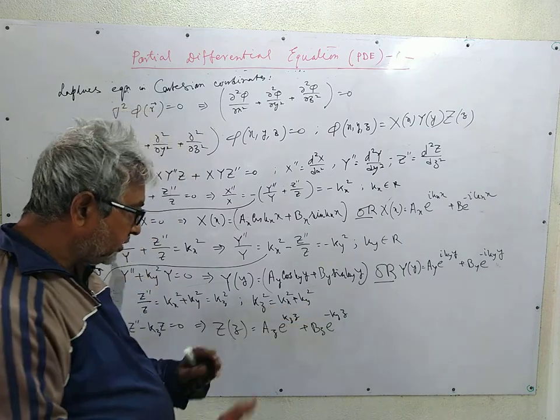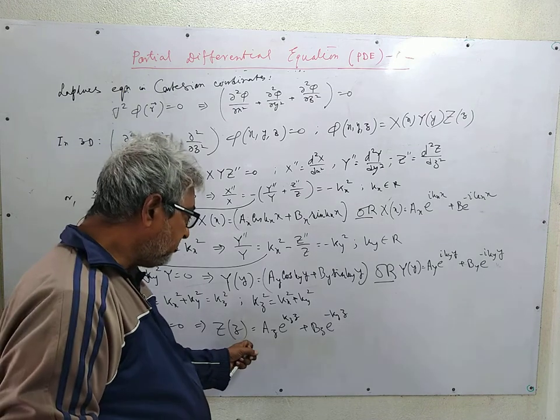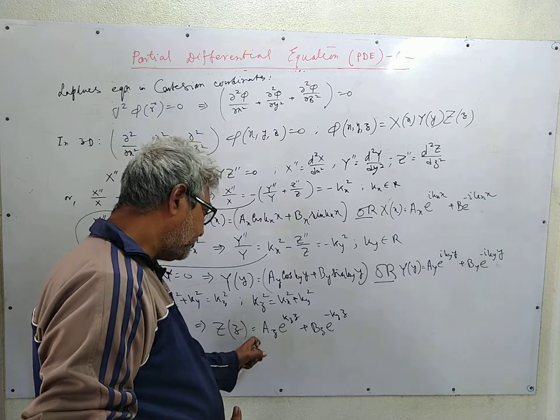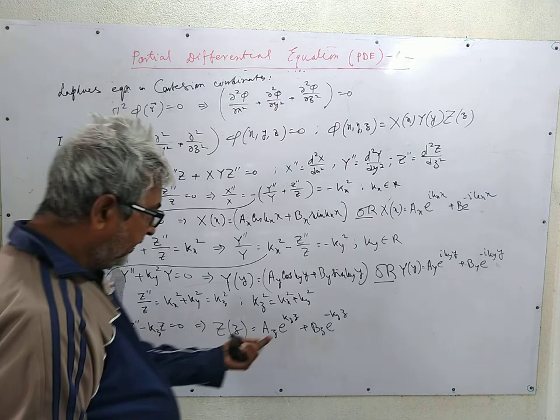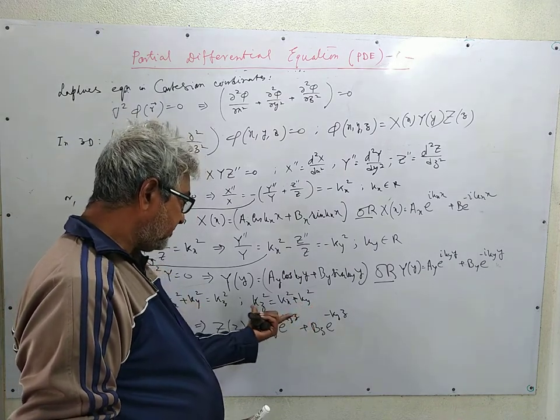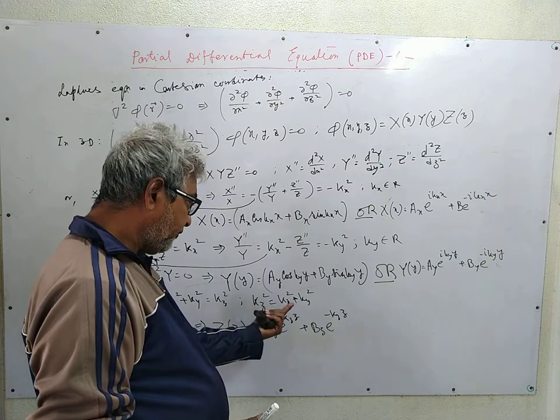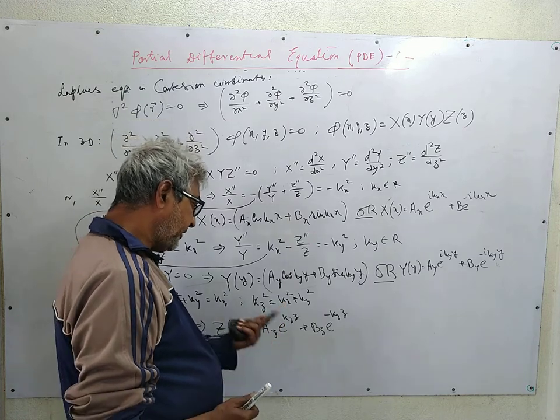Depending on the relative magnitudes of kx and ky, z may be exponential or sinusoidal. If ky square has greater magnitude, then kz square would be negative and the solution will be sinusoidal, and if kx is higher in magnitude, then the solution will be exponential.